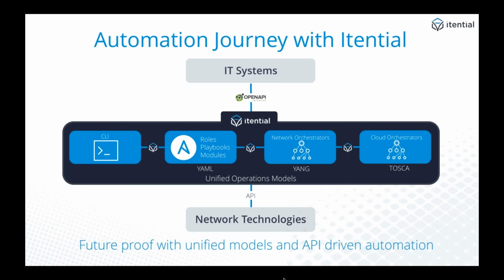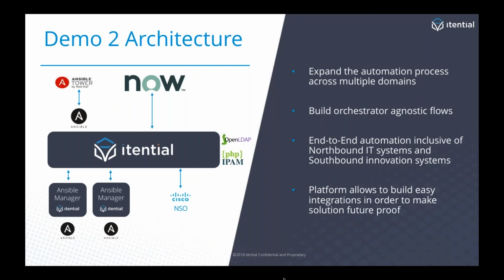We still have the networking technologies facing the network, and we think customers are going to have a multitude of technologies and a multitude of things in the future where you want to have flexibility to make sure you're choosing the right tool for the right job. But ultimately, we want to expose those through an API that's highly standardized towards your IT systems, so that we don't expose the churn and innovation that's happening on the network directly into those systems unless we have to.